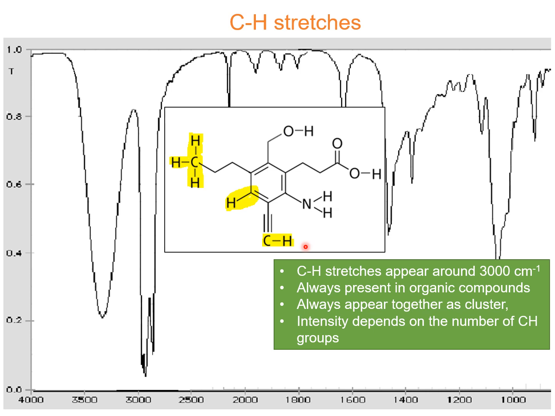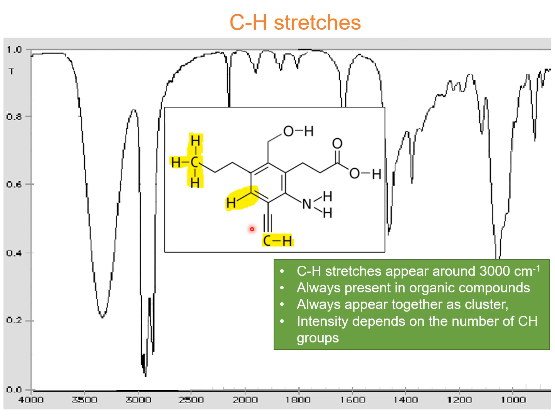But for now, these CH stretches always appear somewhere around 3000, either before or just after it, say 2900 or 3050, just before and just above 3000 centimeter inverse.